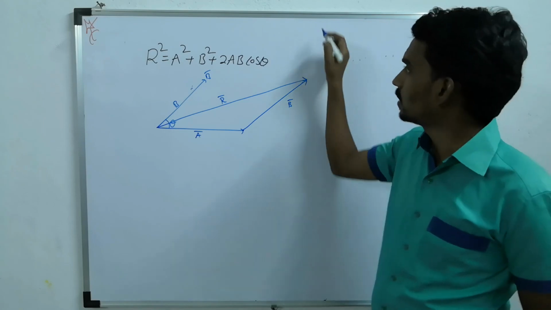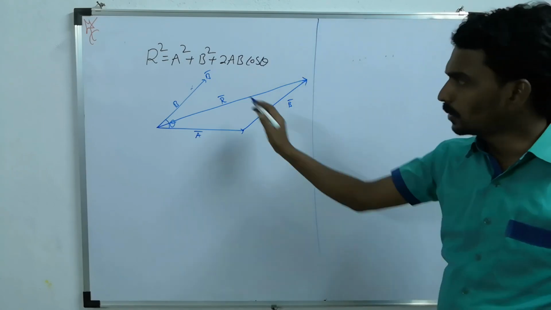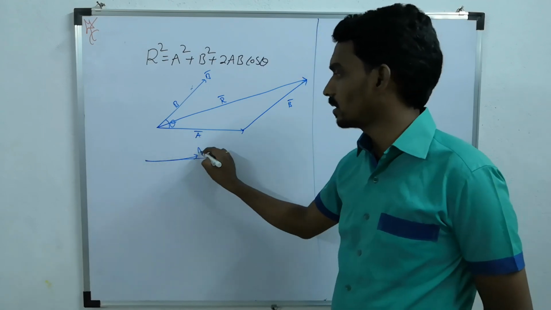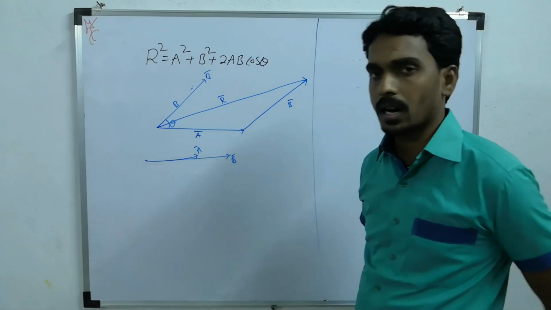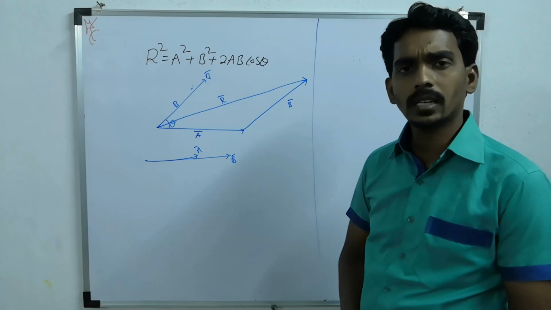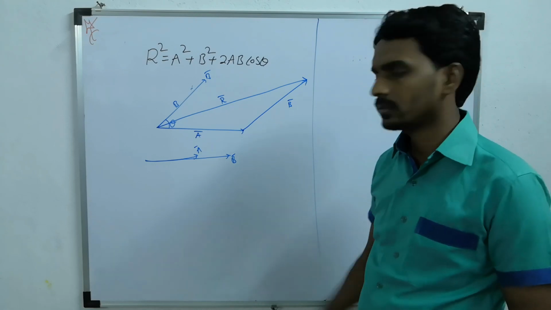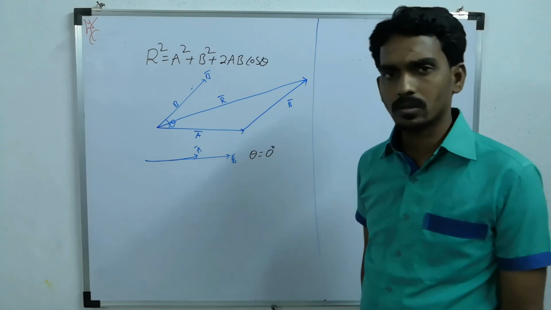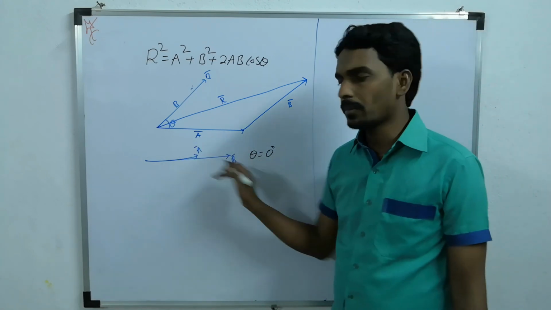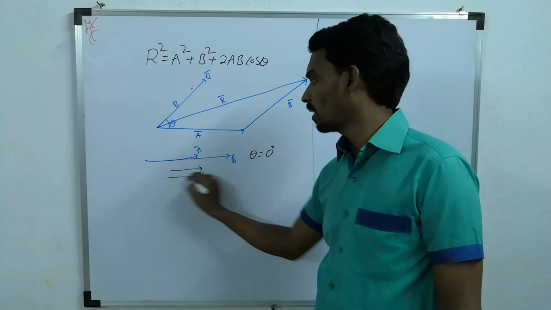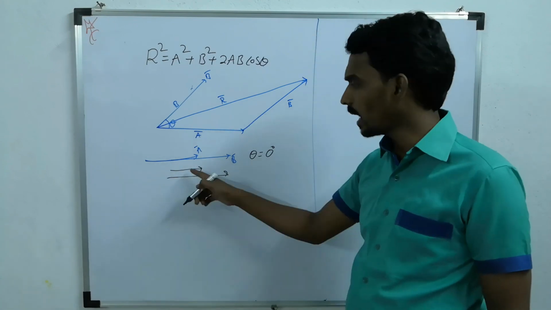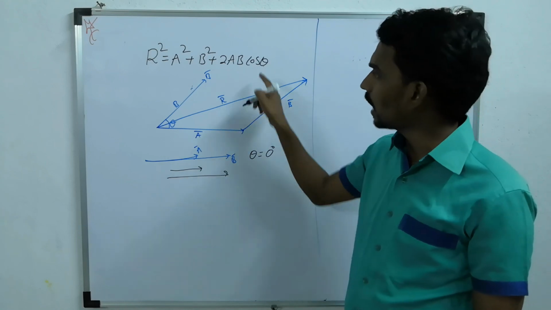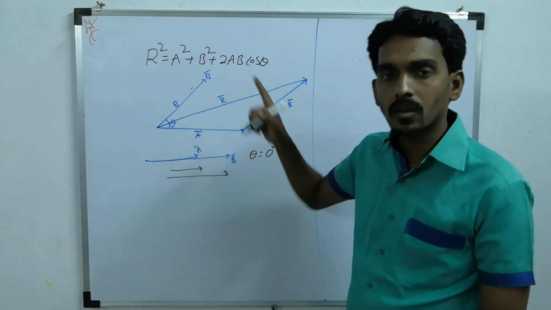Why? Because see here, if two vectors are along the same direction, this is A bar, this is B bar, then what is the angle between them? 0. Same line or parallel. So what is the angle between them? 0. Then you substitute cos 0. How much? 1.